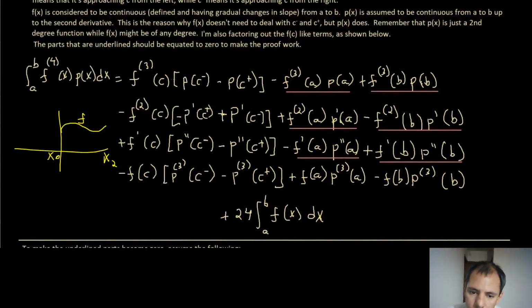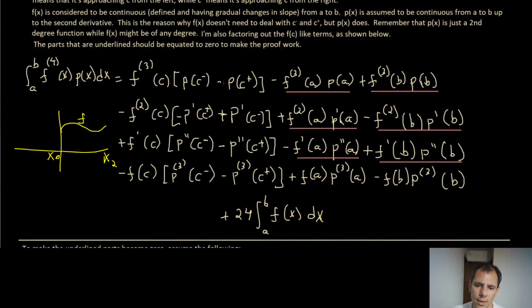And you see, there's something else too. We're going to knock all these things out, and then you're going to go like, okay, why does the f, this is something else that Matthew forgets to mention in his proof. Why is the f always of c? It doesn't matter if it's the derivative or not, but when you're dealing with f, you got a c, and when you're dealing with a p, you got a c minus and a c plus.